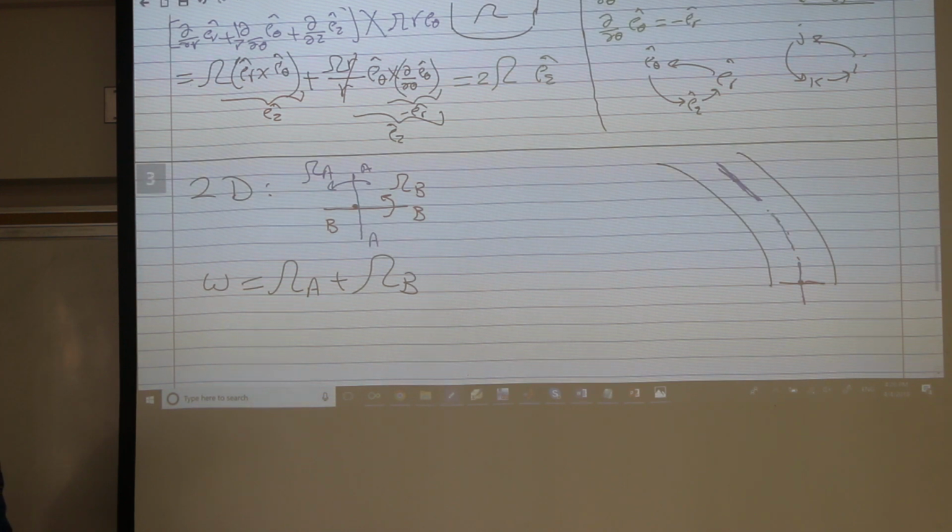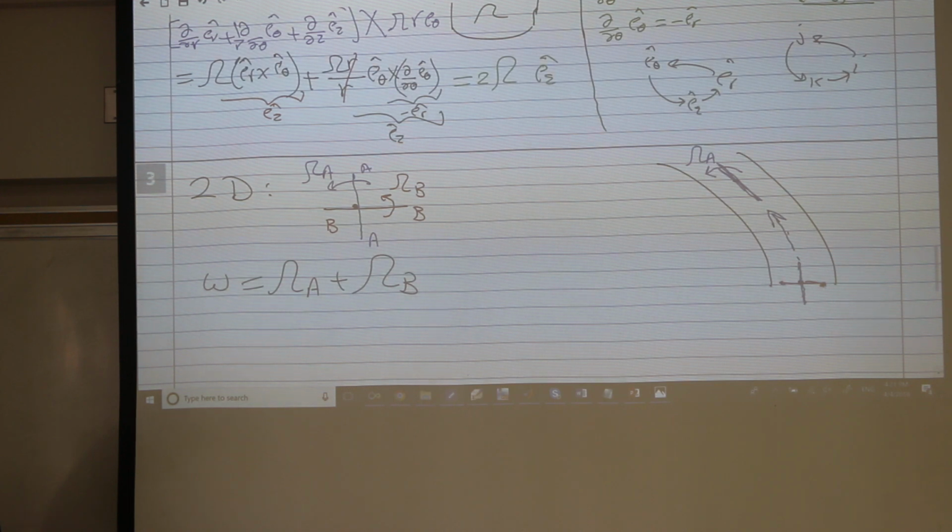So this is the flow, and the tangential velocity goes omega r, okay? So we started vertically, now we are rotating in this direction, okay? We have omega A here.